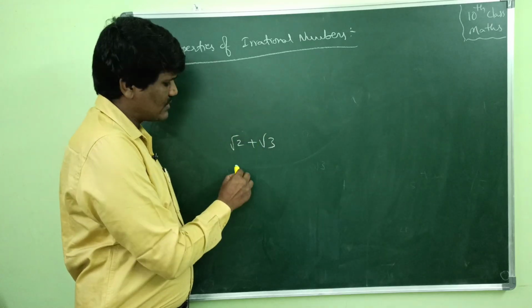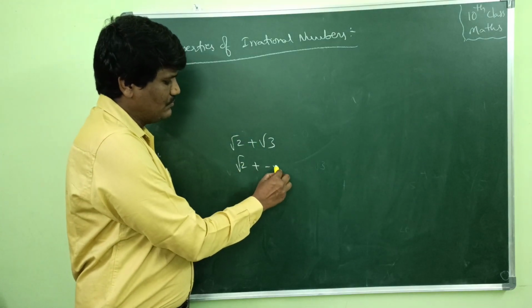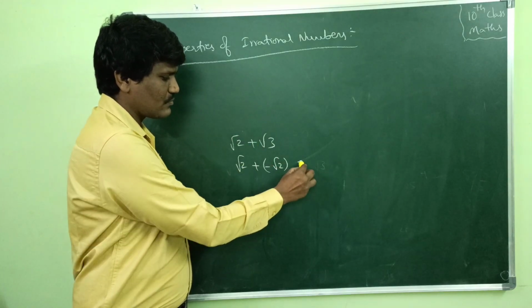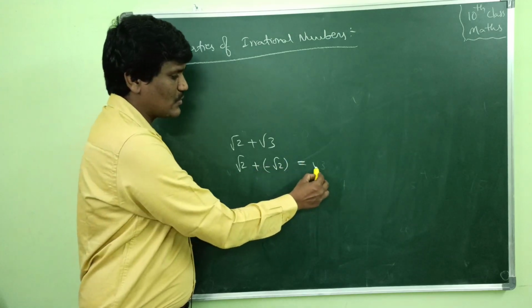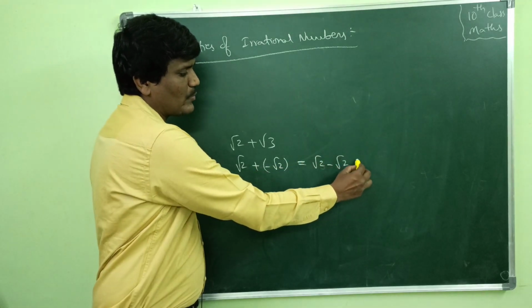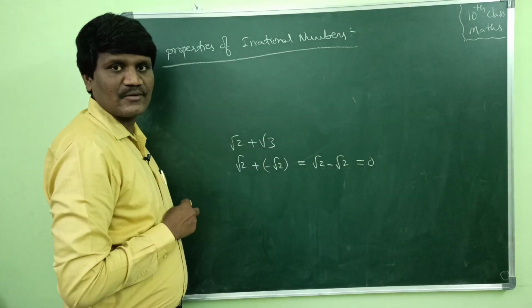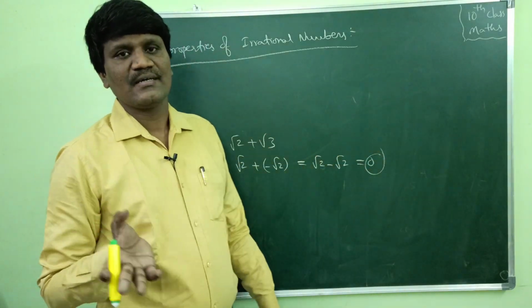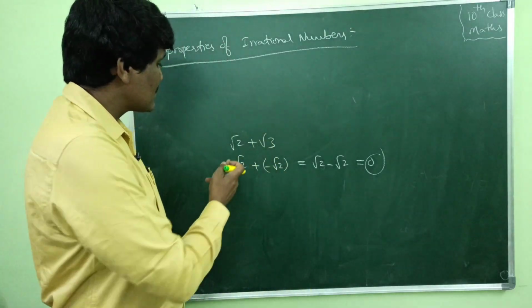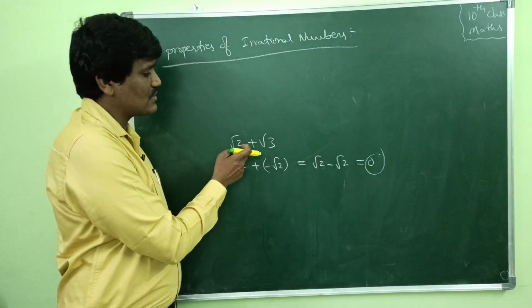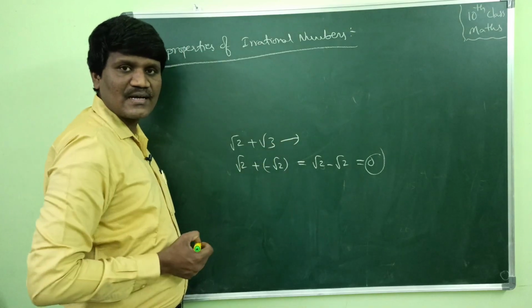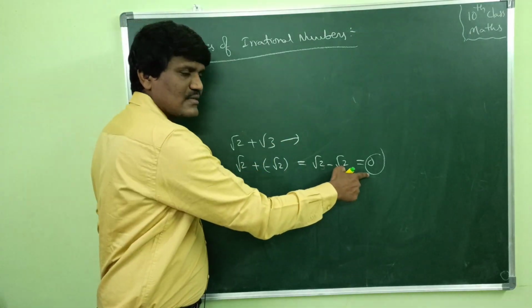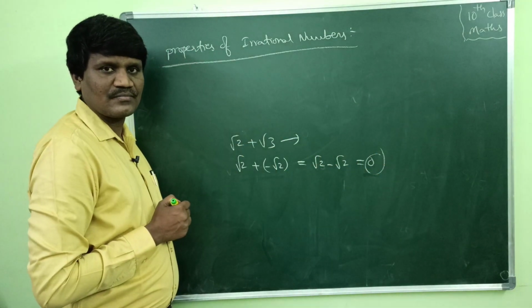Suppose I take one more example, root 2 plus minus root 2. Root 2 minus root 2 is 0. So is 0 rational or irrational? 0 is rational. That means the sum of two irrational numbers sometimes comes as irrational and sometimes as rational, right?